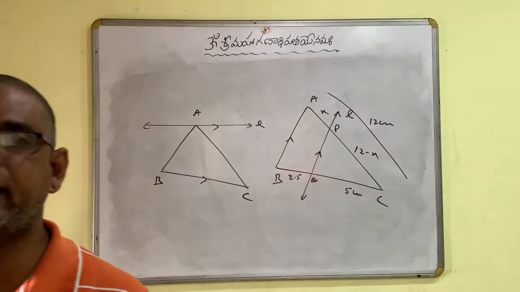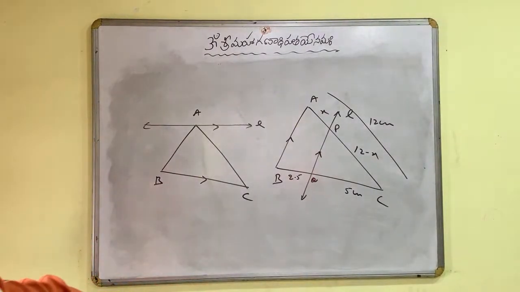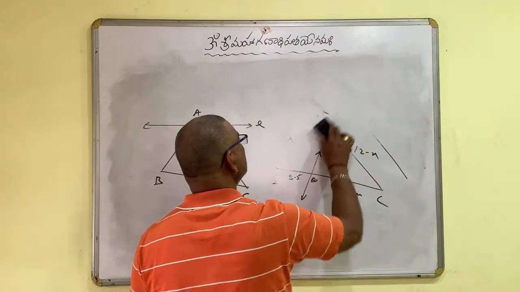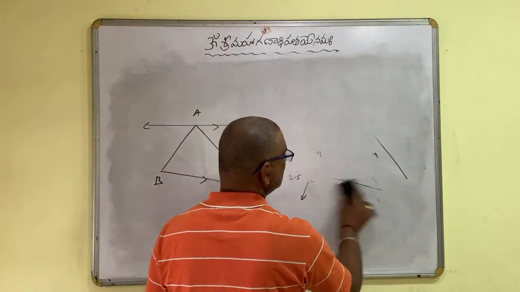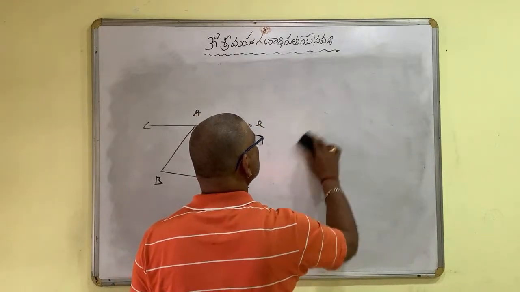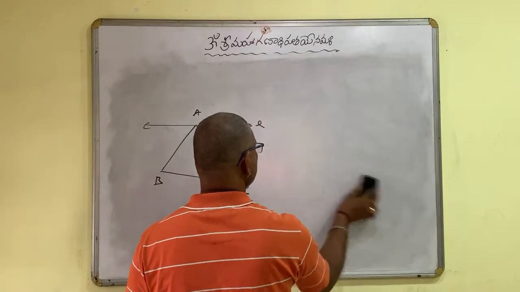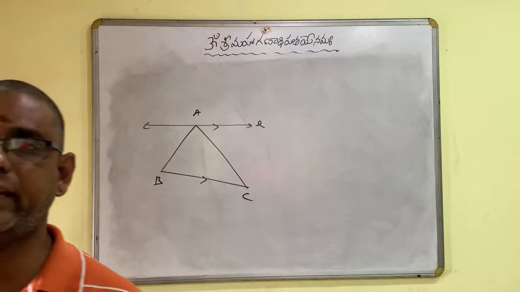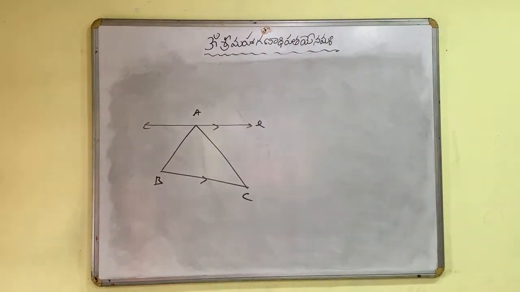Can I say the line L is intersecting two sides of the triangle? Can I say that here?